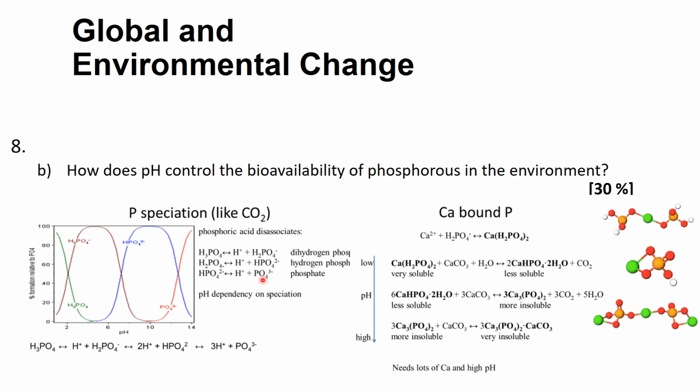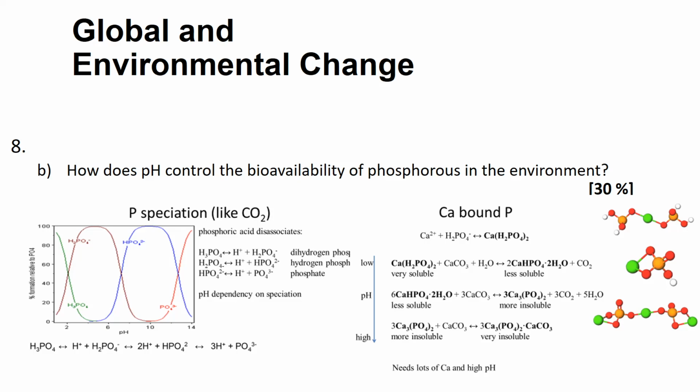And that links into how available these forms of phosphorus are, because they will react with calcium to form a variety of different calcium phosphates. The higher the pH, the less soluble those calcium phosphates tend to be. So at low pH, we might form some calcium phosphate that's relatively easy to redissolve, but at high pHs, those calcium phosphates become more difficult to redissolve, making the phosphorus less bioavailable.